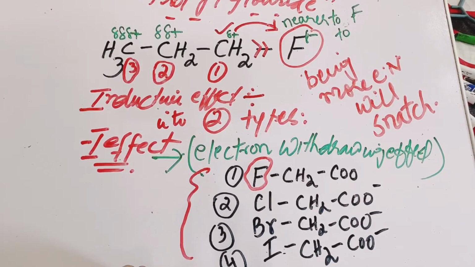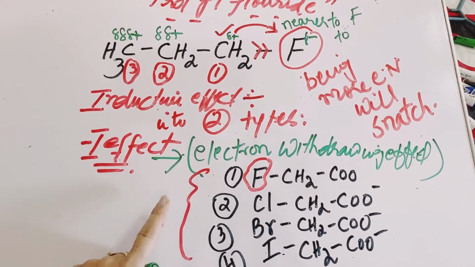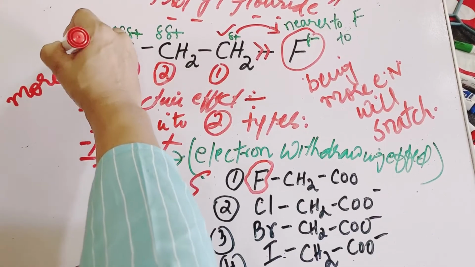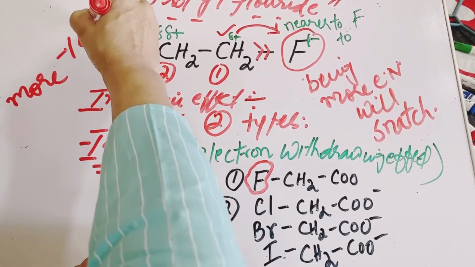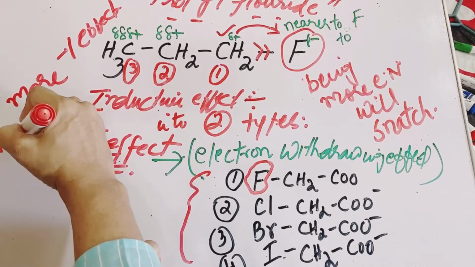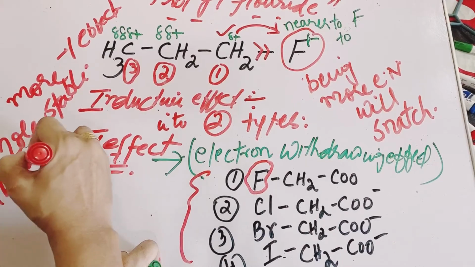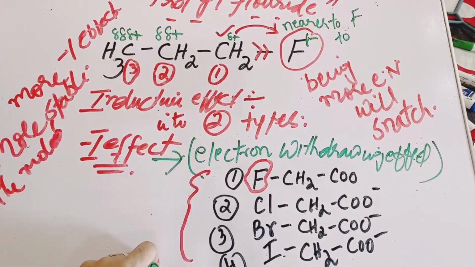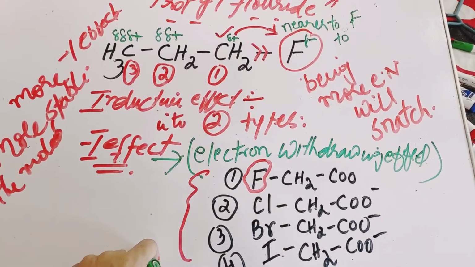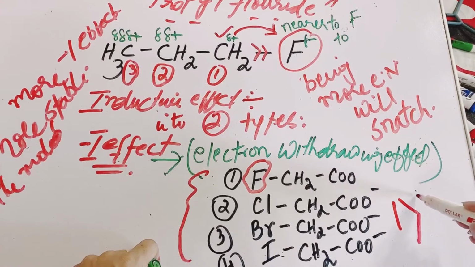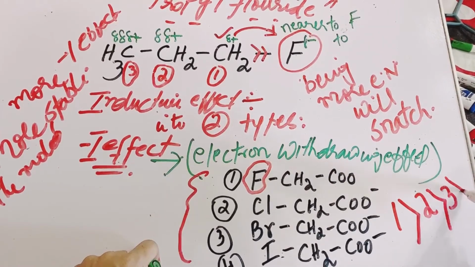Now, according to this example, the more the I effect, the more stable the molecule would be. More I effect, more stable the molecule is. That means 1, then 2, then 3, and then 4.